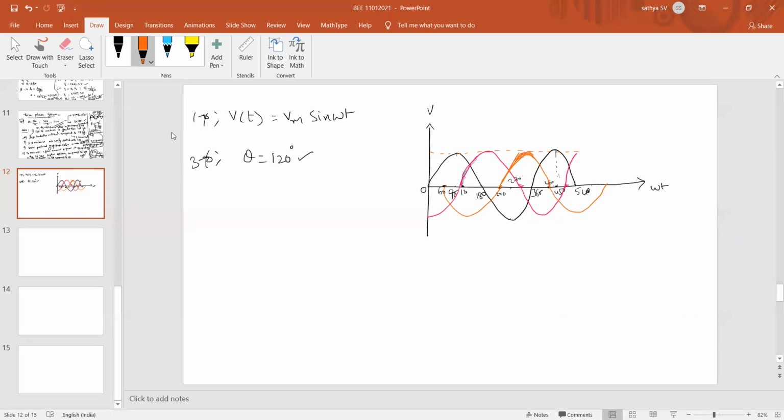Right. Done, sir. So, from 60, here I'm extending like this to the next, that is the positive half cycle.